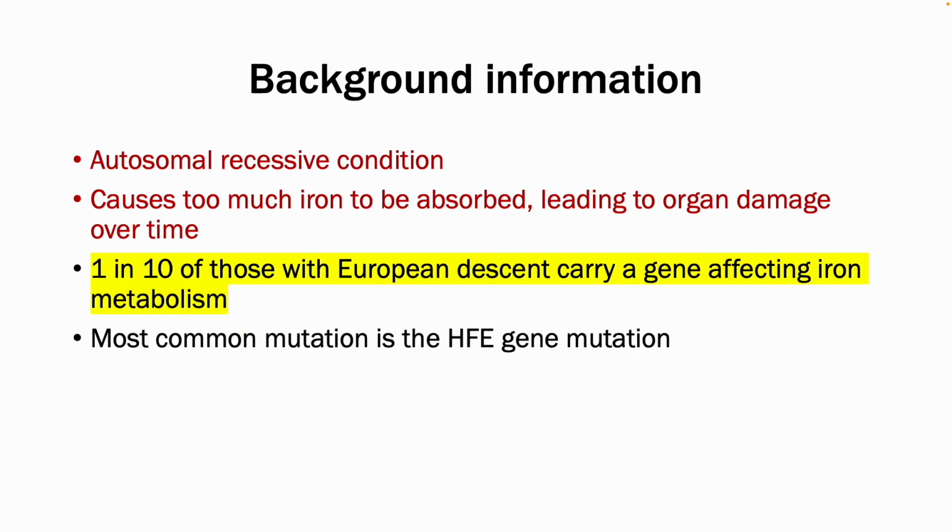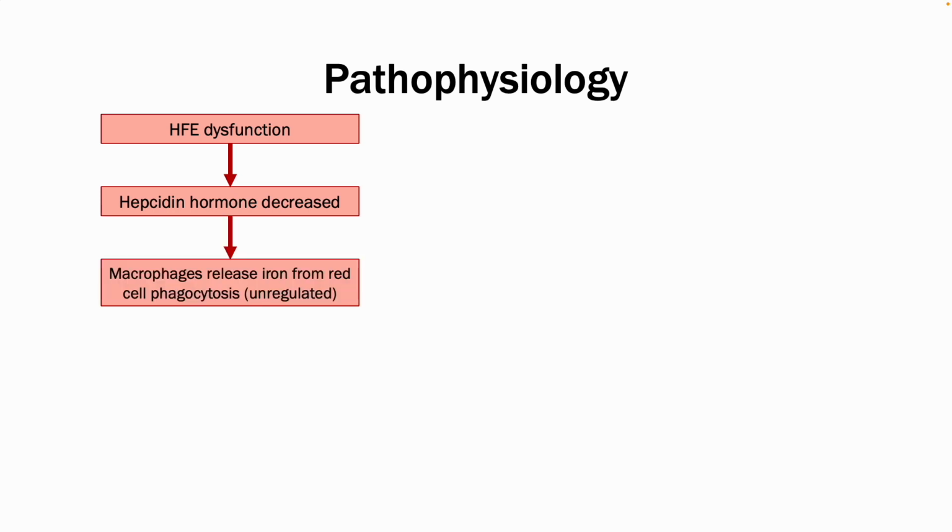The most common mutation within hemochromatosis is the HFE gene mutation. For some brief pathophysiology, there is a dysfunction of the HFE. This in and of itself results in hepcidin hormone levels lowering, which itself causes macrophages to release iron from red cell phagocytosis, which occurs in an unregulated manner due to the reduction of hepcidin.